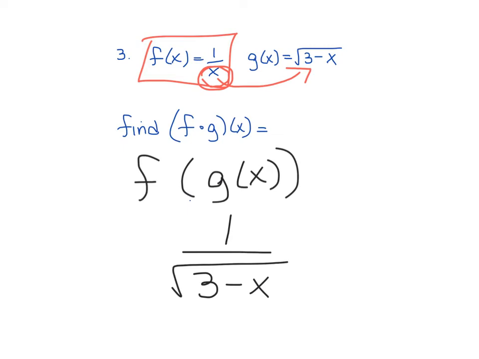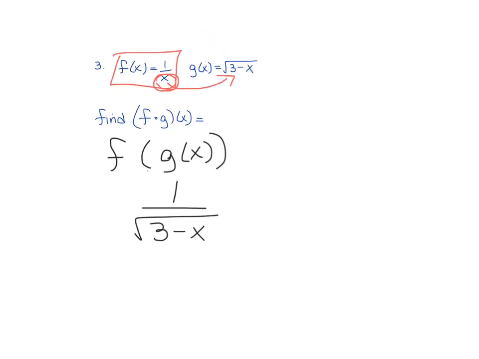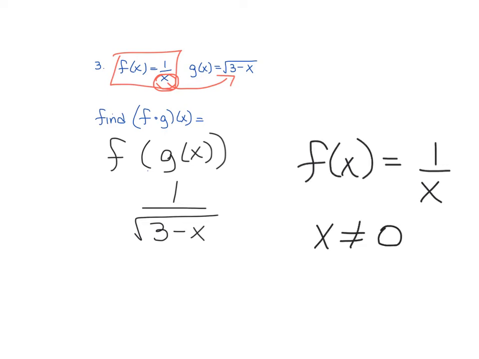So let's go ahead and try to find the domain of this one. So first, let's find the domain of the f of x. Remember, normally we start out thinking all real numbers until we stop and see a fraction. As soon as I see it's a fraction, I know my denominator here, x, cannot be 0.